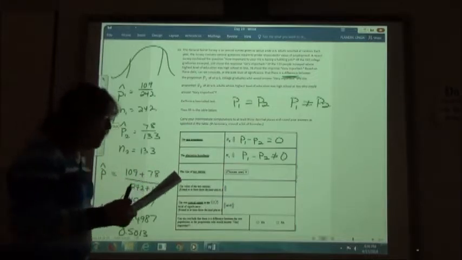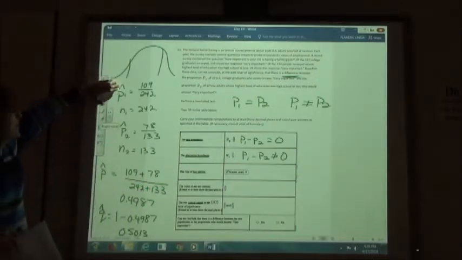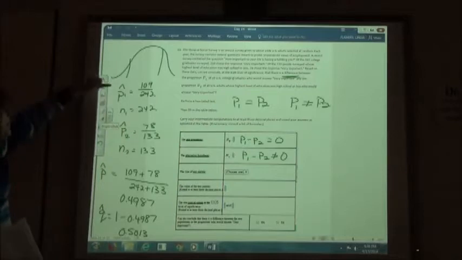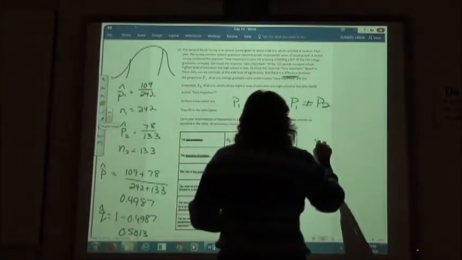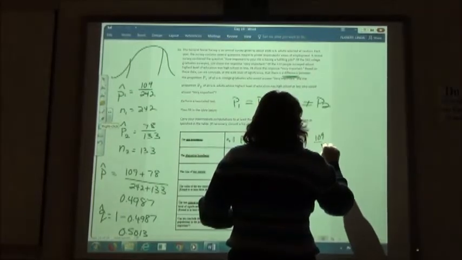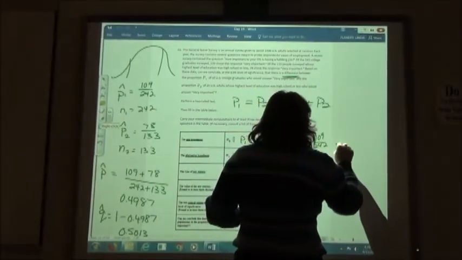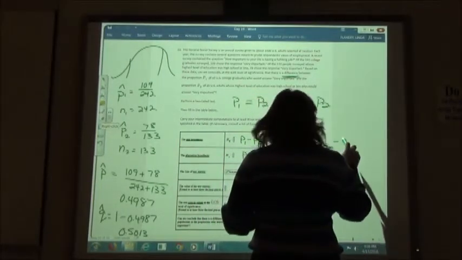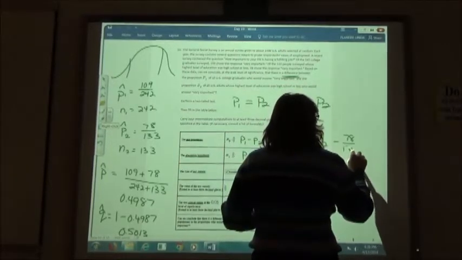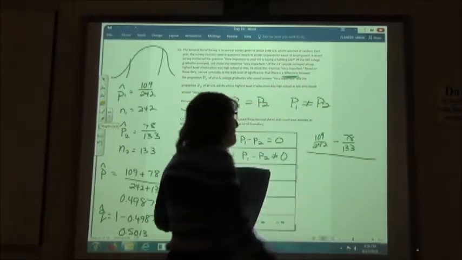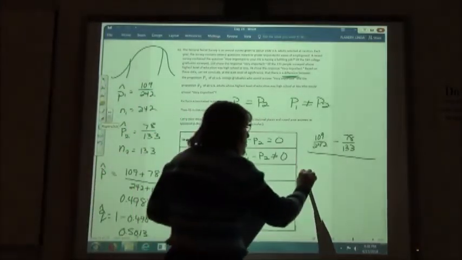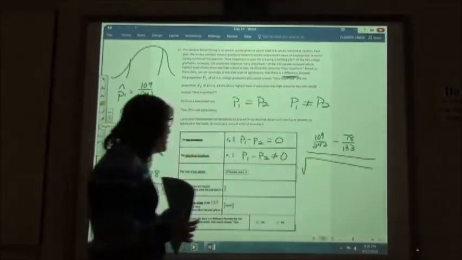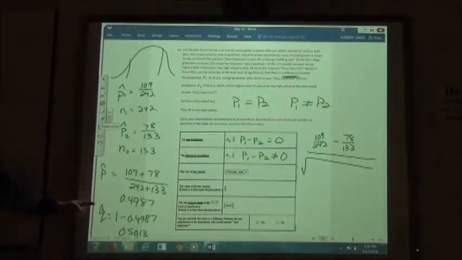Okay, once we have all our data, we can now plug it into our formula. On the top of our formula, we're doing p1 hat minus p2 hat. So those two fractions we have: 109 over 242 minus 78 over 133. On the bottom of our fraction, we have p hat times q hat.